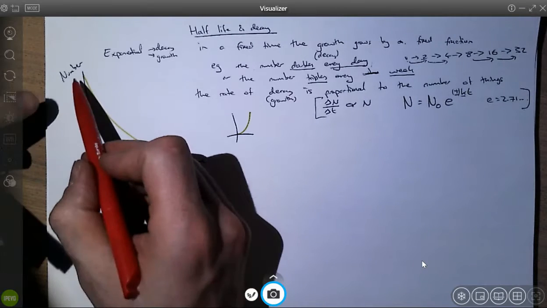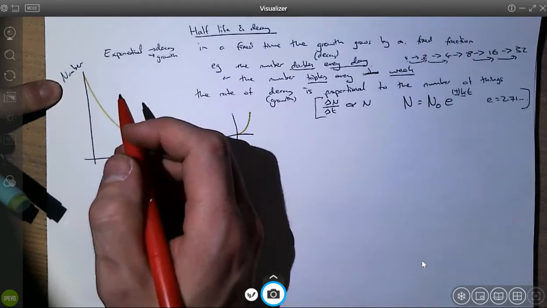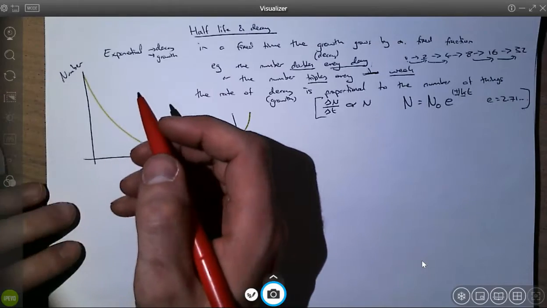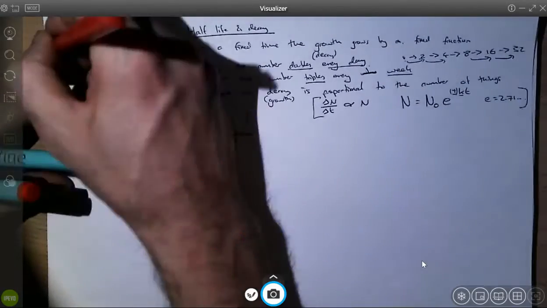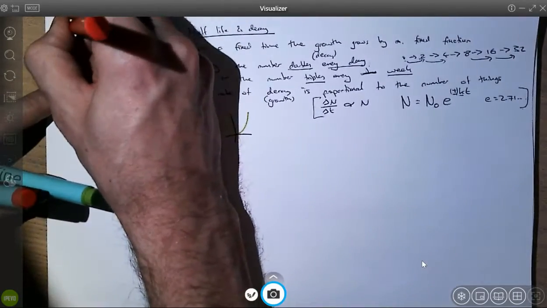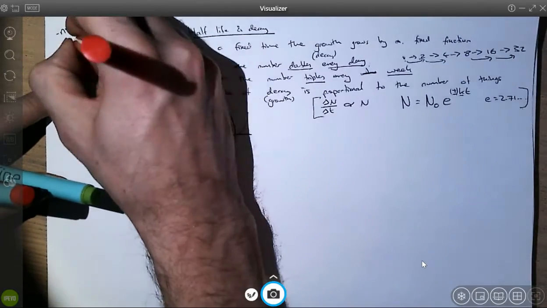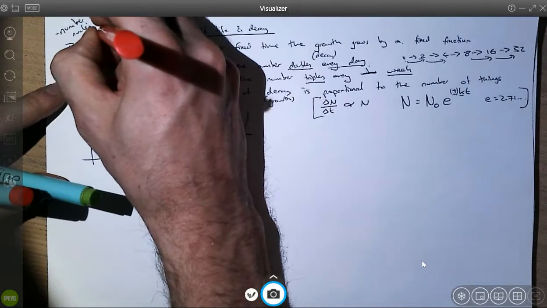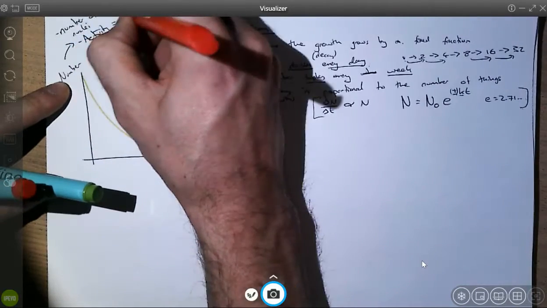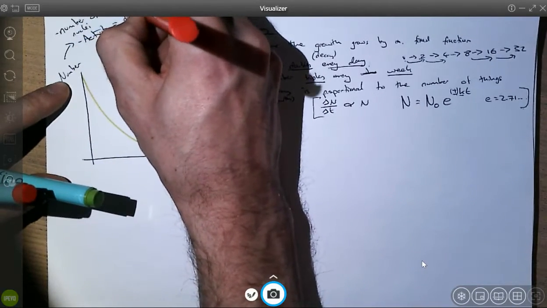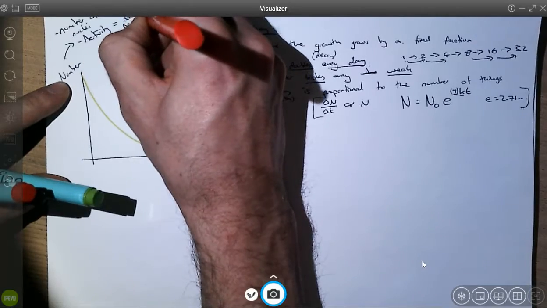Now, the y-axis can be labelled in a number of ways when we're talking about radiation. The y-axis could be number of nuclei. It could be activity, which means decays per second.